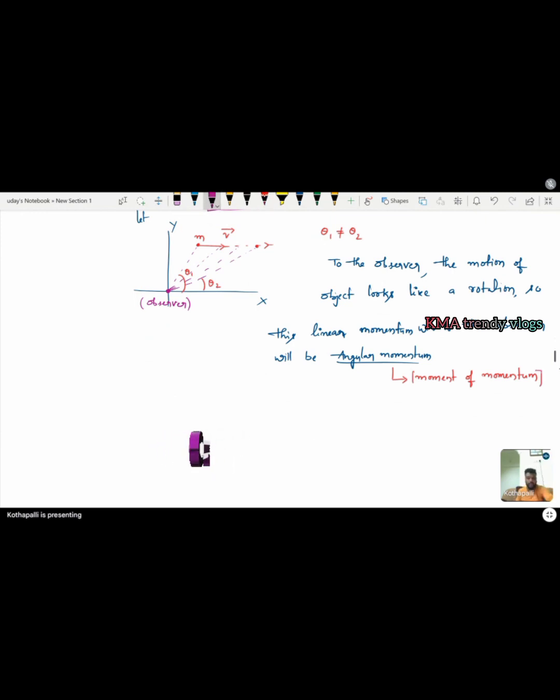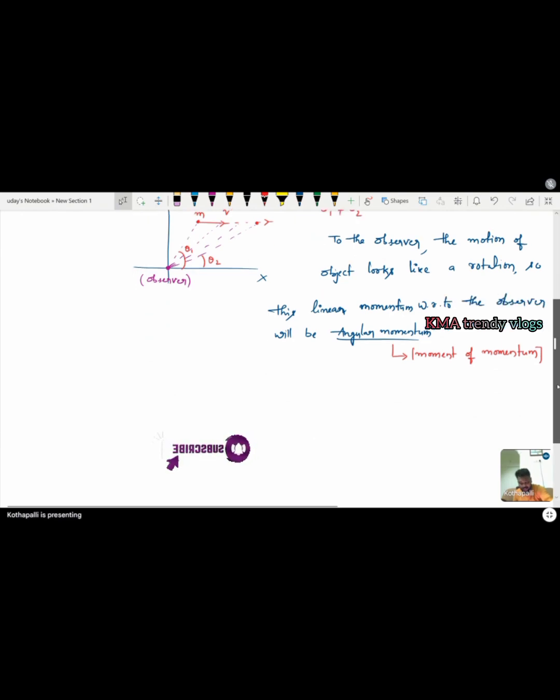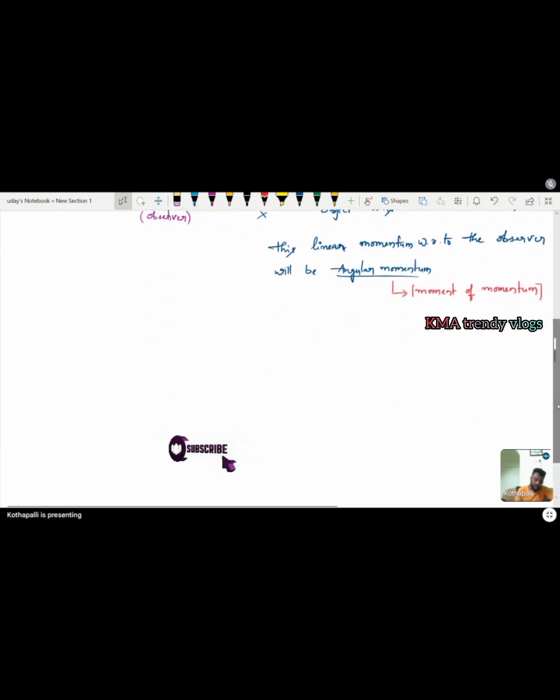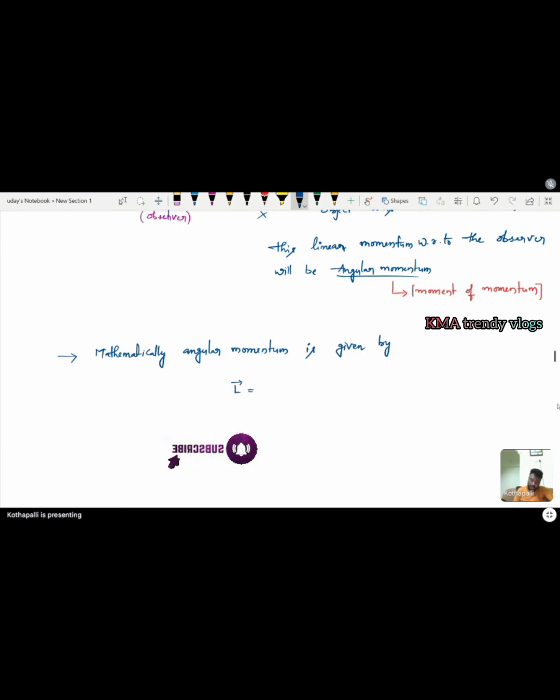Okay. Mathematically, how to express this? What is the expression of angular momentum mathematically? Mathematically, angular momentum is given by L vector is equal to, remember, R vector cross P vector.